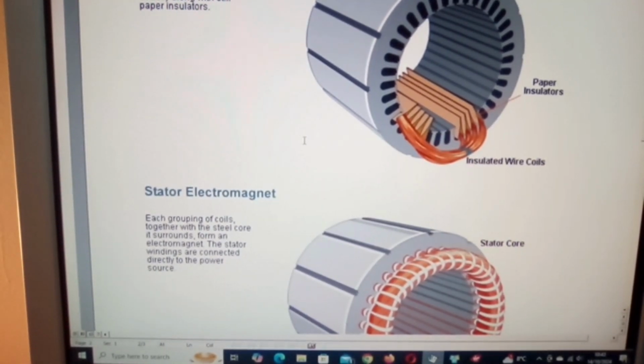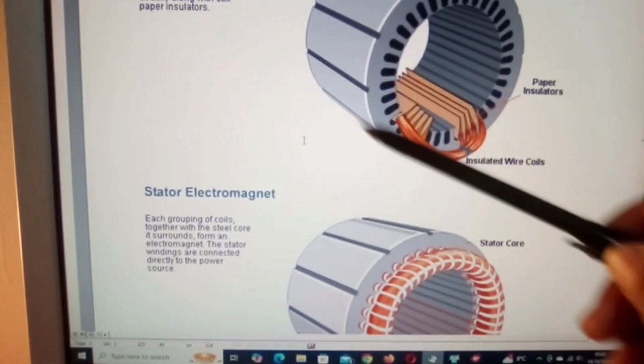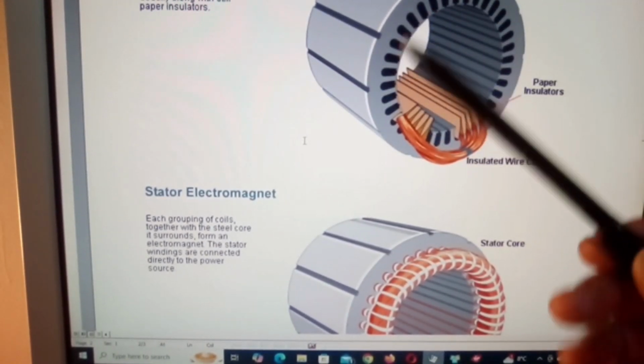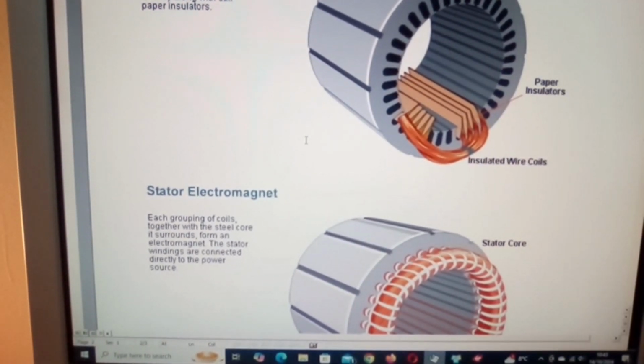Now, all this is done at a factory. It's not done on site. It's all done at a factory, and it's assembled at a factory.